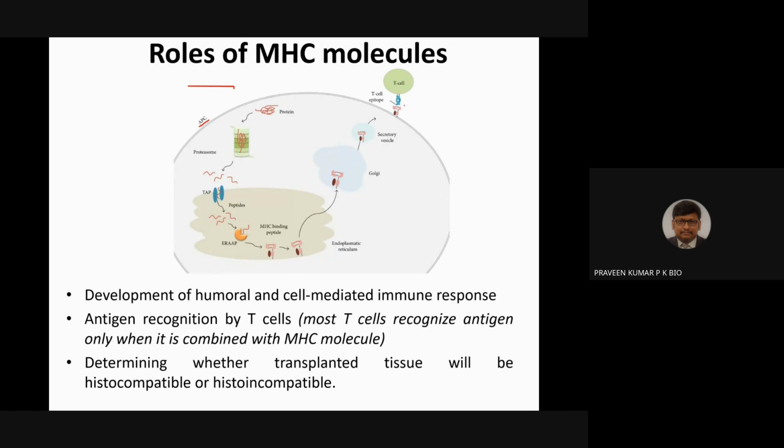Other than CD4 or CD8, the CD80, CD83 or CD86 molecule of the APC has to interact with the CD28 of the T cell. So these three interactions are most important to get the T cell activated.